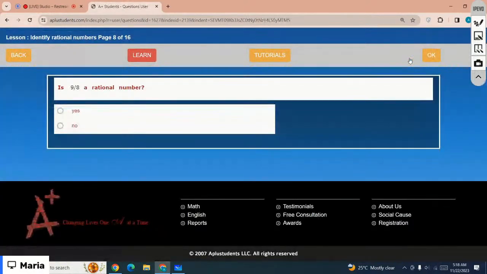Is 9 by 8 a rational number? The option is yes, it is a rational number. The correct option is yes.